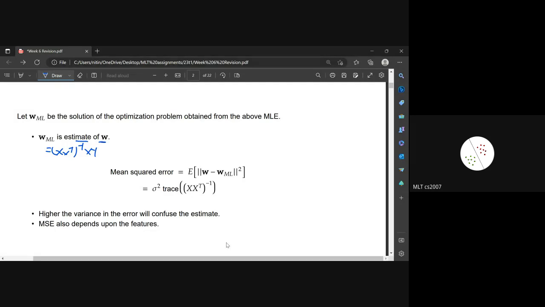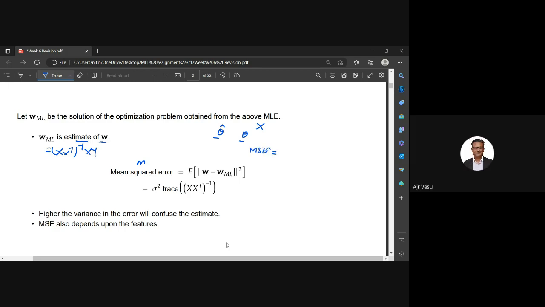So what is the mean squared error? MSE you must have seen for any estimator, let's say theta cap for the parameter theta, where theta is the parameter for some distribution x. So how do you define the MSE for this estimator?